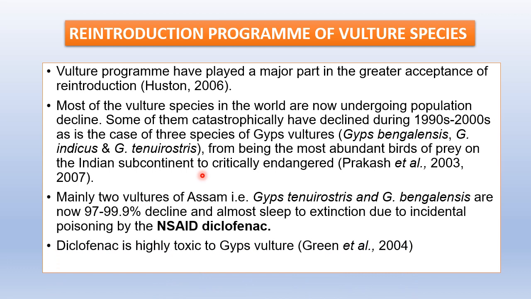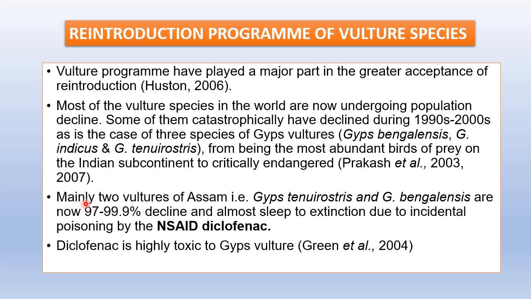Out of 9 species of vulture found in India, 6 species of vulture are found in Assam. Out of these 6, 3 are considered to be critically endangered.